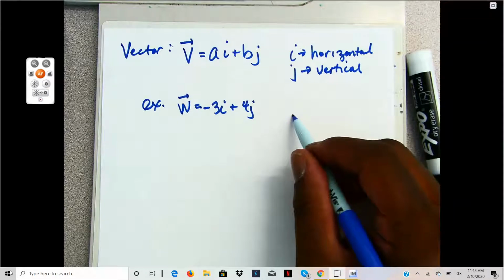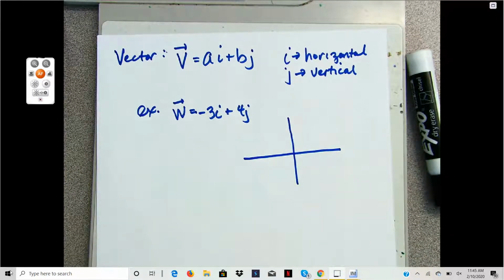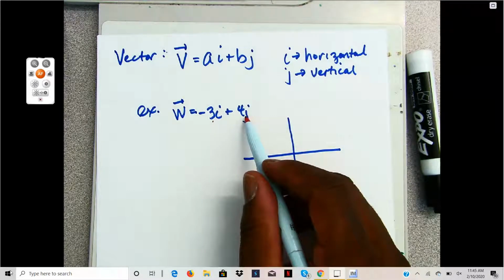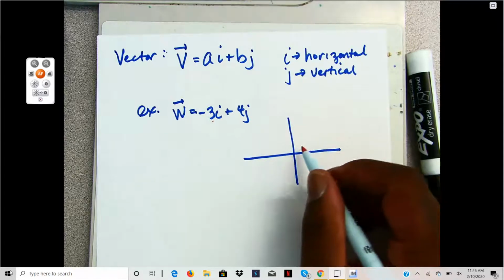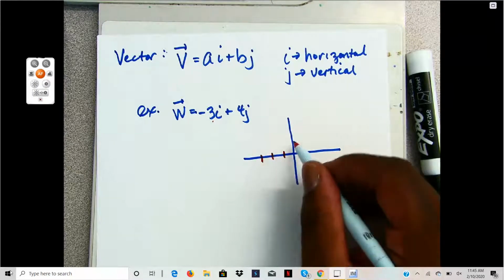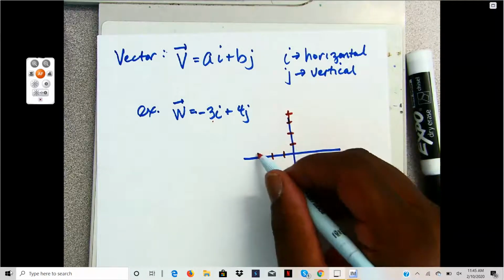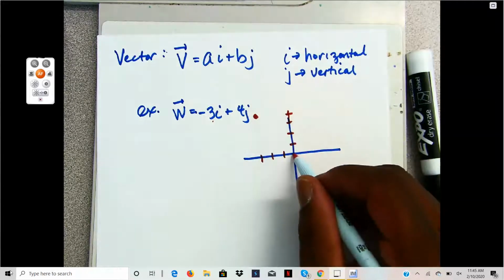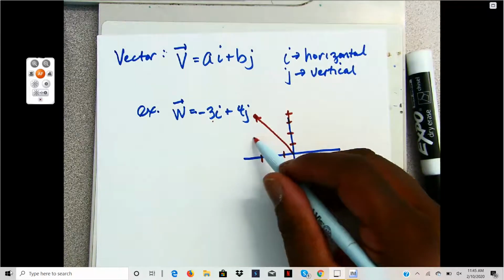Its graph is kind of like when we graphed in the complex plane, where this is our real and our imaginary, except our i is our horizontal and our j is our vertical. So we would go negative 3i plus 4j, and that would be our vector w here.